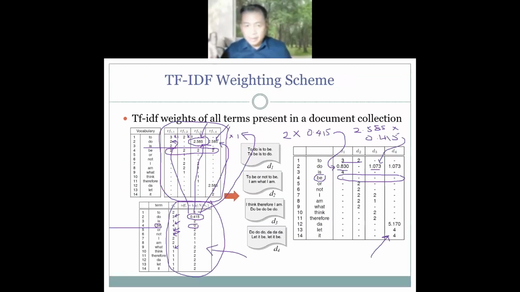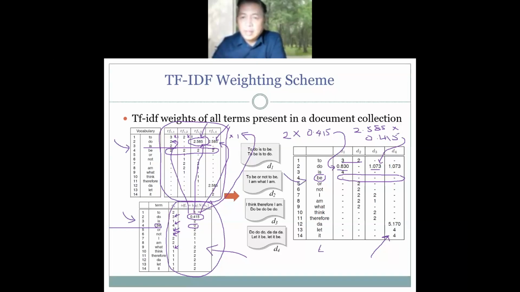Okay. Any question? So this is very important, because this is the basic of the TF IDF weighting scheme. First we compute the term frequency using the variant of term frequency, and then we compute the IDF for each of the terms that we have, and then we multiply them to form this.